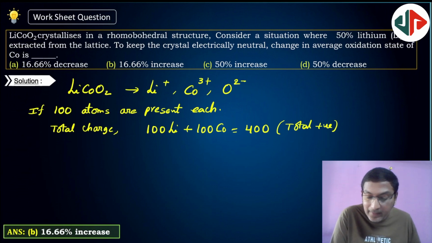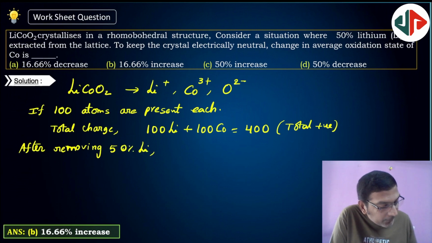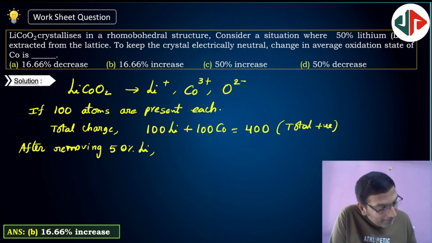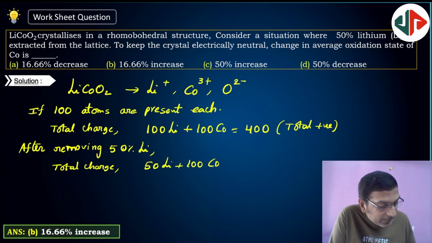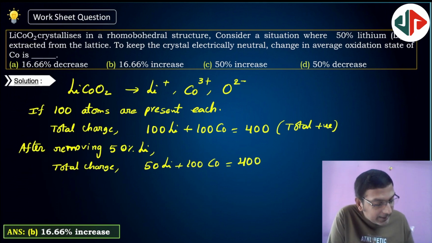Next, after extracting 50% of lithium, after removing 50% of lithium, the total charge becomes 50 into Li plus 100 into Co equal to 400.